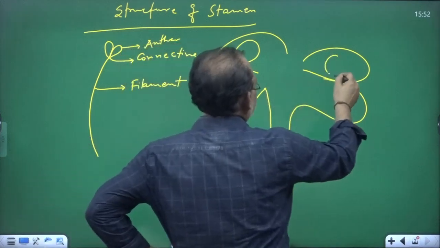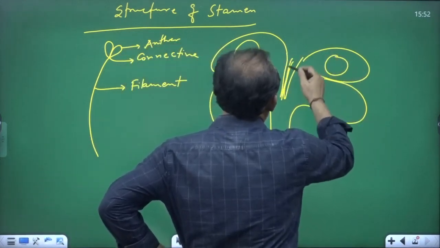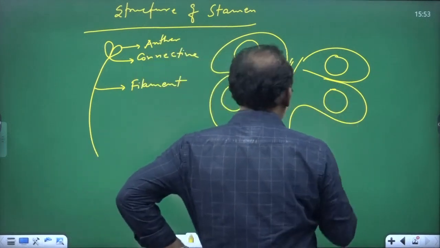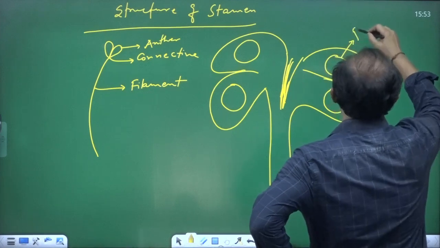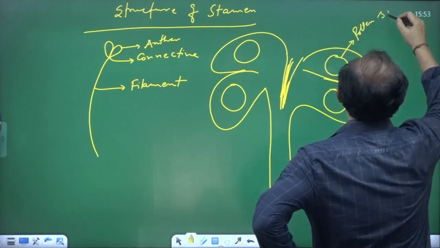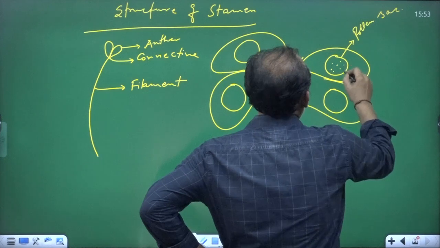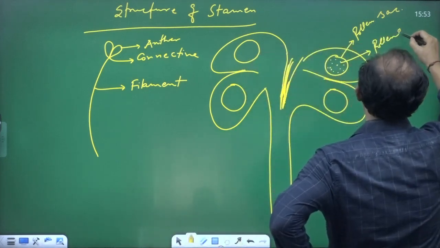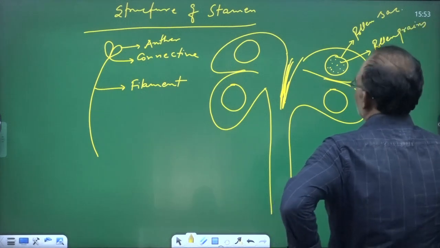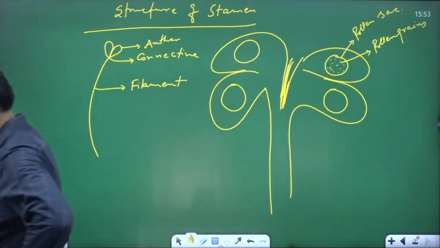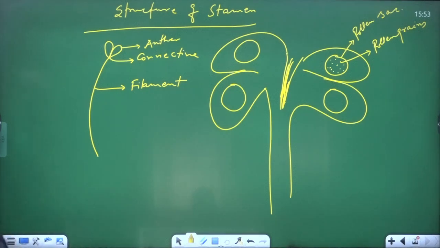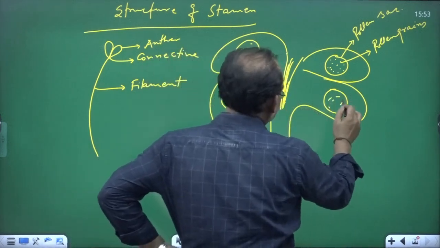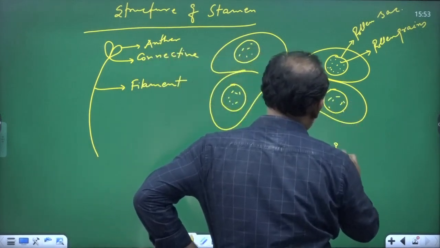This is the connective, and this is a pollen sac. In this pollen sac, pollen grains are present. You will get this structure after a transverse section of the anther.